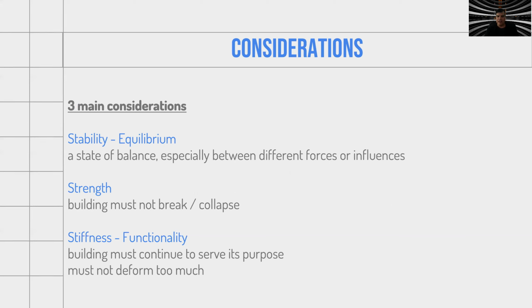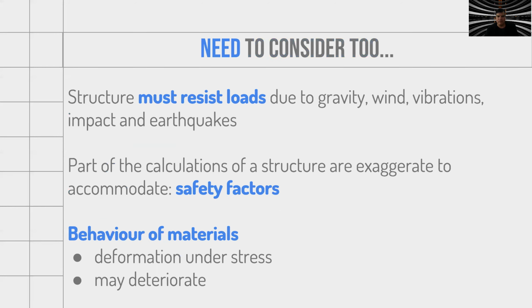Some buildings may have some inconvenience, like they move, like they deform. They are still strong, they are still stable. But when a building deforms too much, people can be afraid to use it, even if the building is safe. So it's important that it works well and is tough enough.